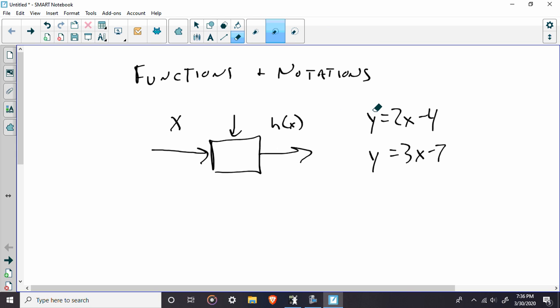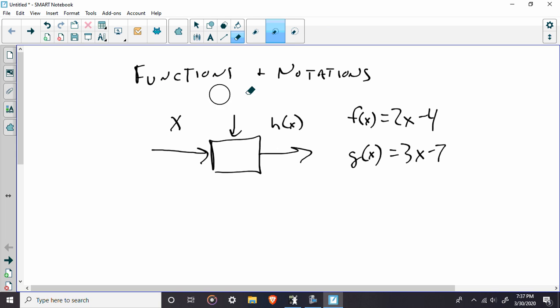Well, if we're going to call them functions, then we can give them two different names. Usually we start with f of x, lowercase f of x, by the way, and lowercase g of x, never uppercase, until you get to very high level math. But essentially, it gives us a handy way to differentiate between two different things. So they have different names now. They're f of x and g of x.